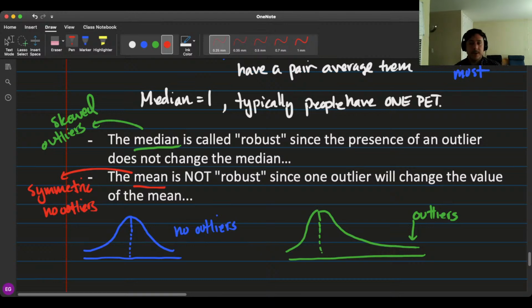That's why they match up this way. So the big thing to take away here is the median is not affected by outliers. That's why we use it when the data is skewed.